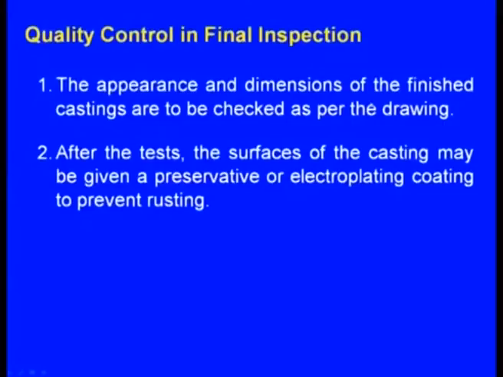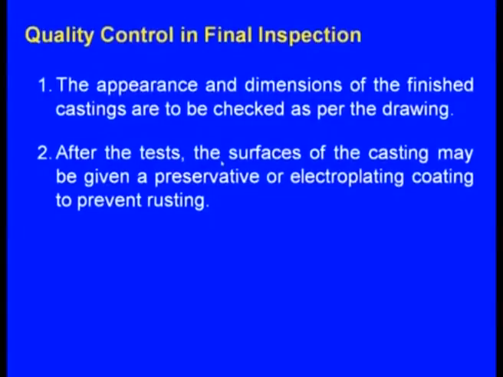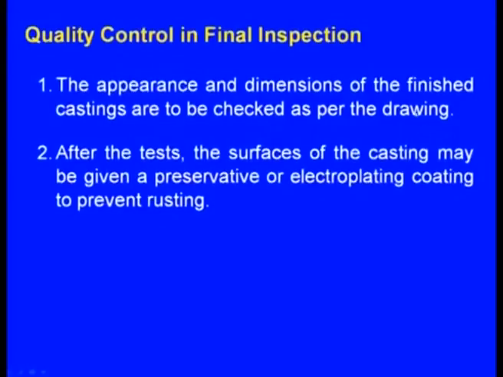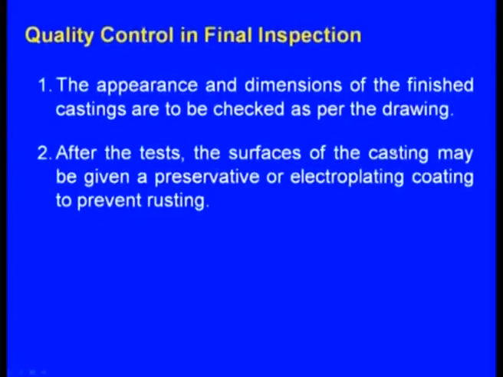Next one, quality control in final inspection. The appearance and dimensions of the finished castings are to be checked as per the drawing. Does the casting possess the required dimensions as per the specifications given by the customer? So, that is the final checking as per the drawing. Next one, after the tests, the surface of the casting may be given a preservative or an electroplating coating to prevent rusting.